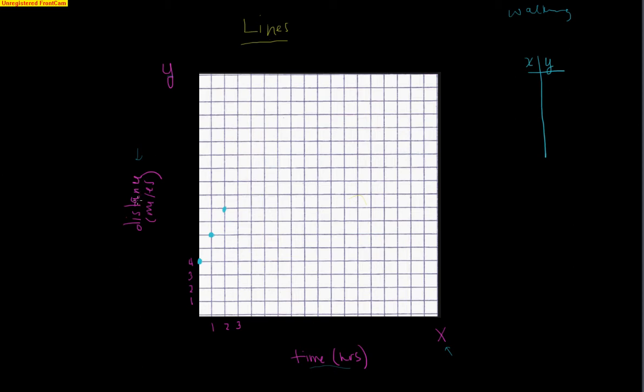So at this very first point, I'm at time 0, and I'm up here at miles 4. So when I start walking, at time 0, let's say I'm 4 miles away from my house. Now notice here, after 1 hour, I'm over to 1 here now, I'm up here at 4, 5, 6.